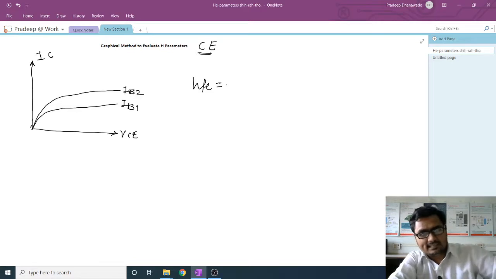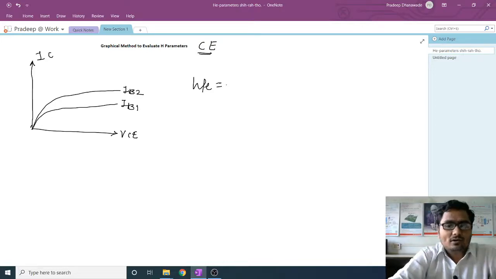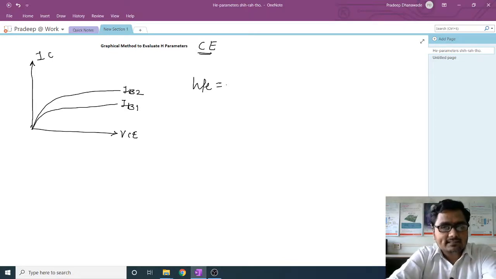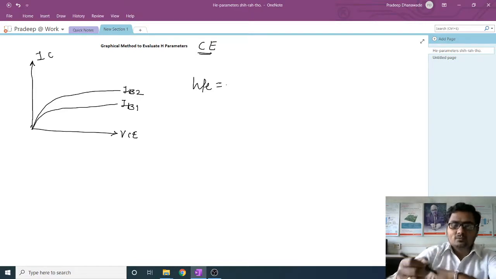First you have to perform CE characteristics, plot the graphs, and after plotting the graphs, we will calculate all the H parameters. So this is my graph of output characteristics, and now we are studying how can I evaluate HFE by those output characteristics. So what is HFE?